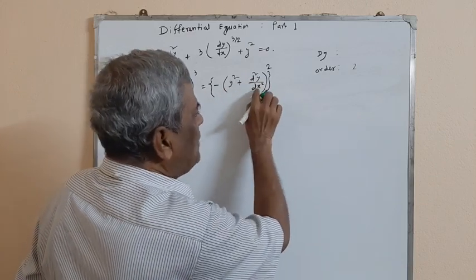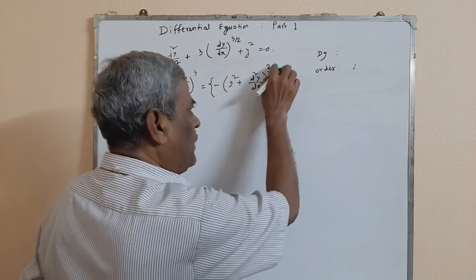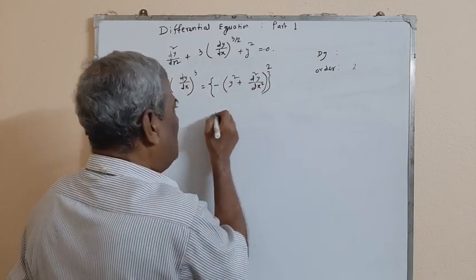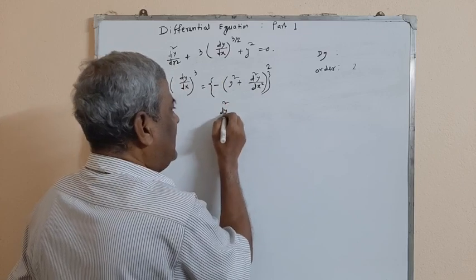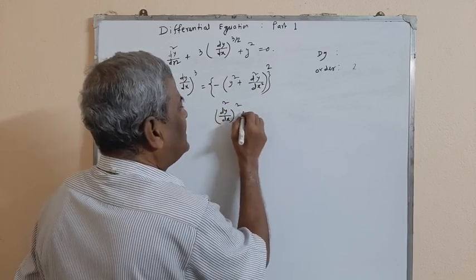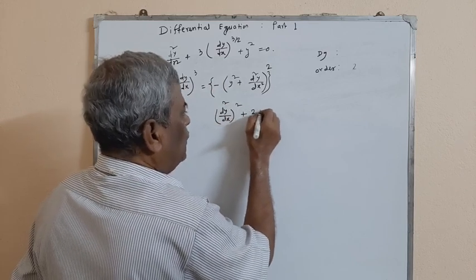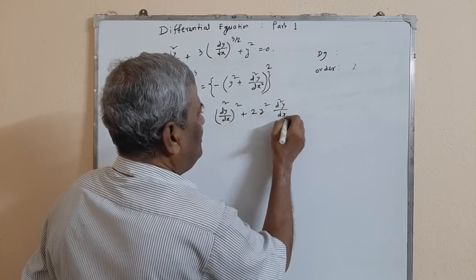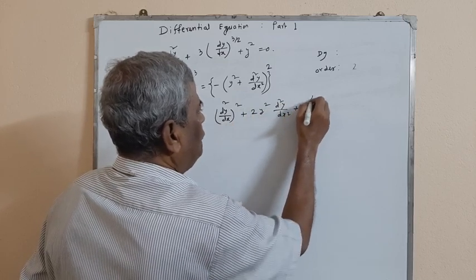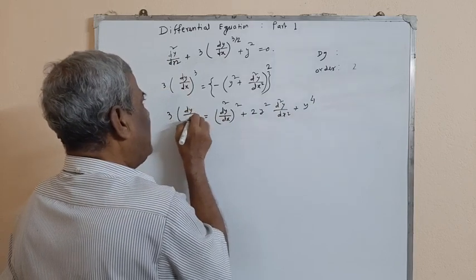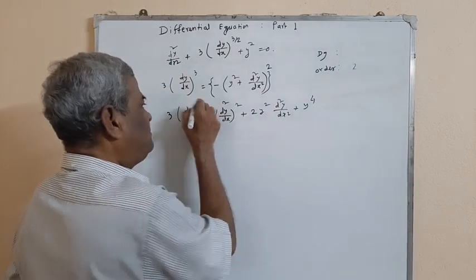Here it is (d2y/dx2) whole to the power 2 plus 2y square d2y/dx2 plus y to the power 4, and the left hand side is 9 (dy/dx) whole cube.